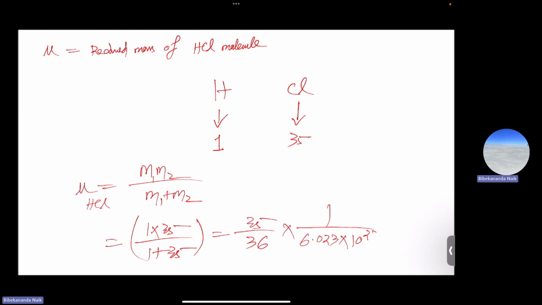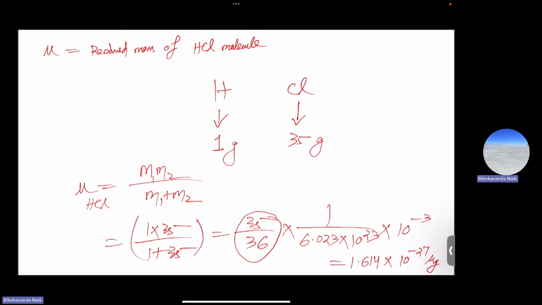Now, if you solve it, this 35 by 36 is in grams, so in order to convert it to kg, we multiply by 10 to the minus 3. If you calculate this, it will come out to be 1.614 into 10 to the power minus 27 kg.